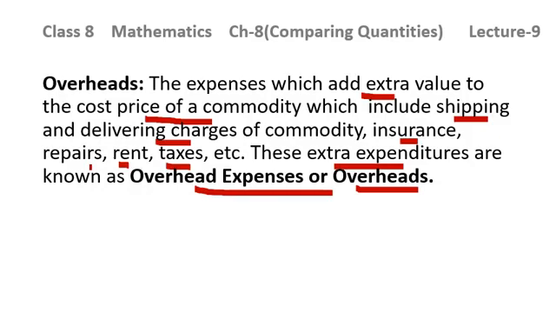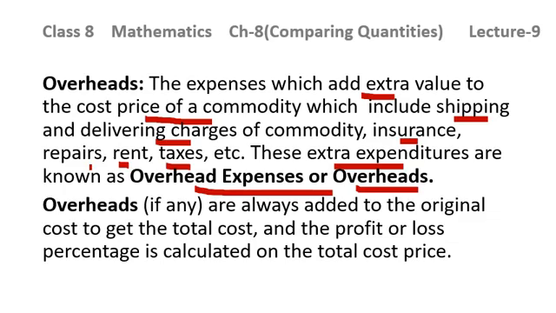Because now the commodity costs you rupees 550, not rupees 500, since you have paid an additional 50 rupees. So these are your overhead expenses, and they will be added to the cost price. Profit or loss will be calculated on rupees 550.